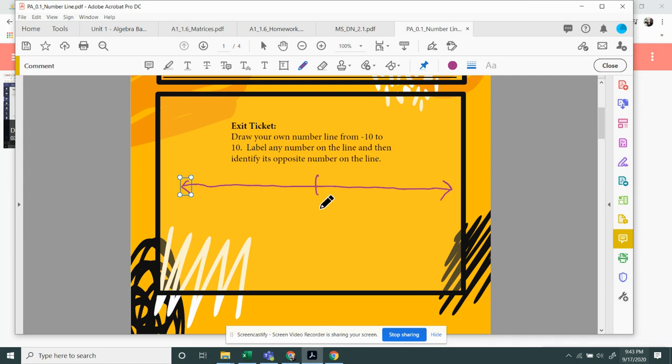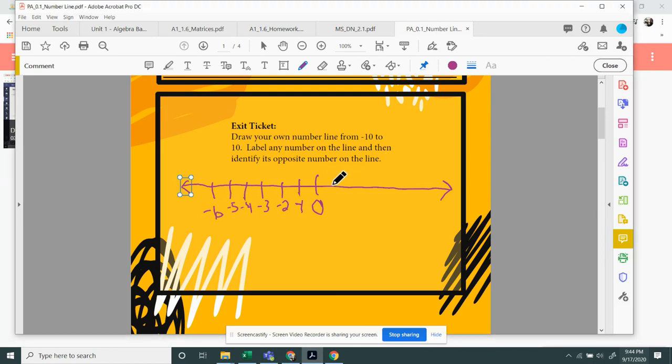I'm going to put 0 in the center, and I'm going to choose the number 6. So let's see, mark 1, 2, 3, 4, 5, 6. So this is my -1, -2, -3, -4, -5, -6.